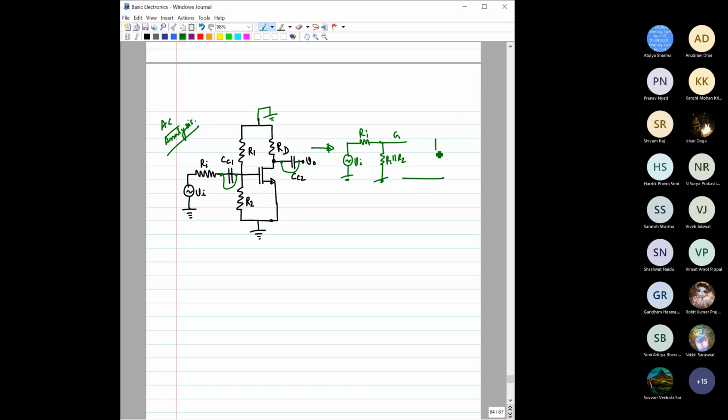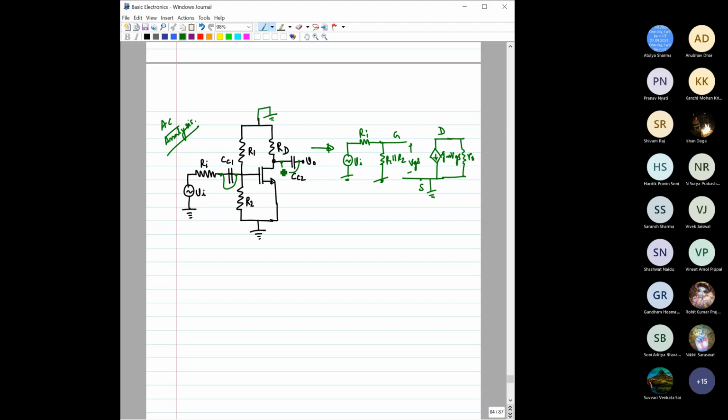And here it would be gm VGS, where this is VGS and this is the source terminal, and the source terminal is grounded. And with this is the drain terminal. With this drain, we have one resistance as well, which is R naught.